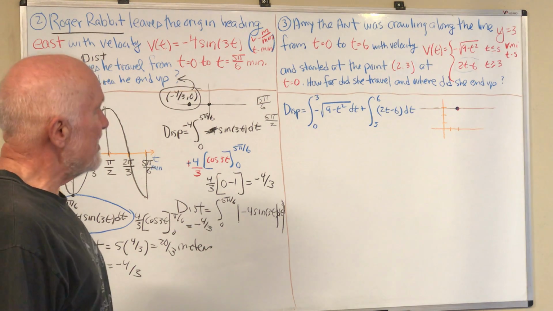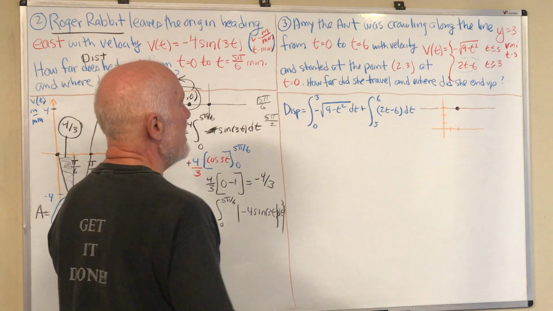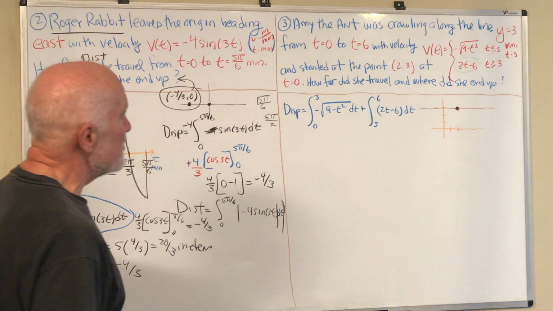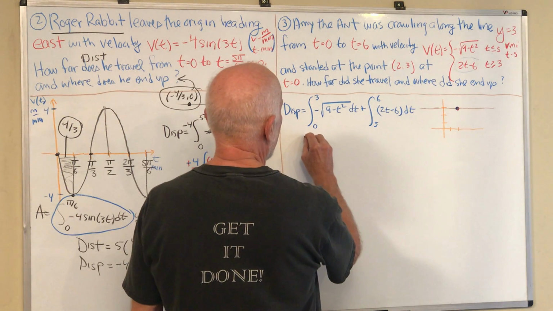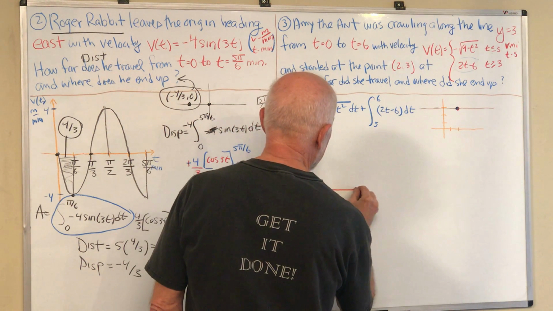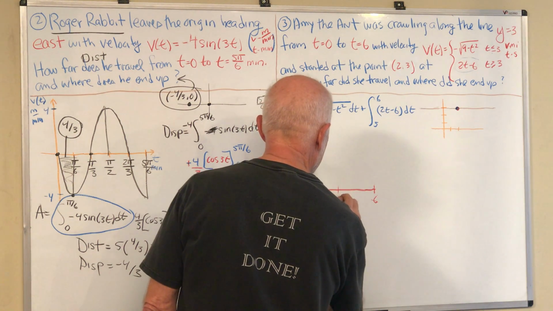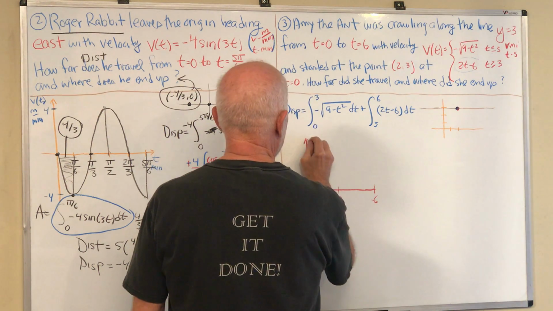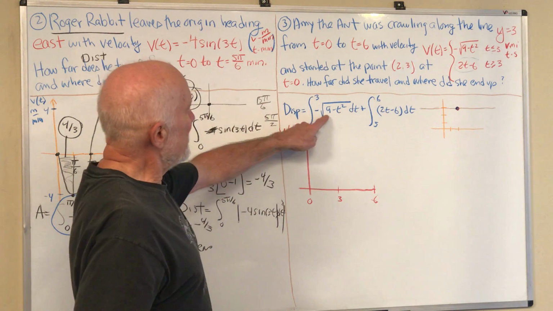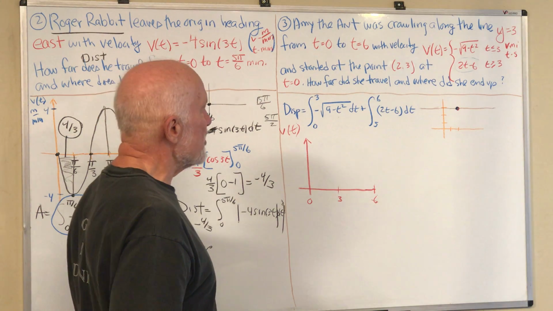So if you did not have a calculator, and you did not want to give up, which we never want to give up, we can say, I wonder if we can learn something from here. Maybe the graph is going to help us. So if we want to graph the velocity from time 0 to time 6, what would it look like? Well, I'm hoping you might recognize this is a part of a circle.